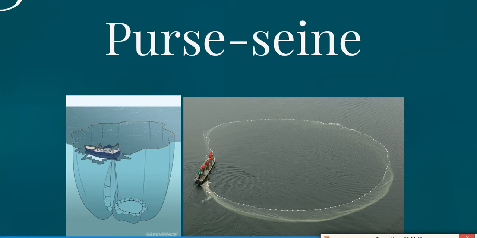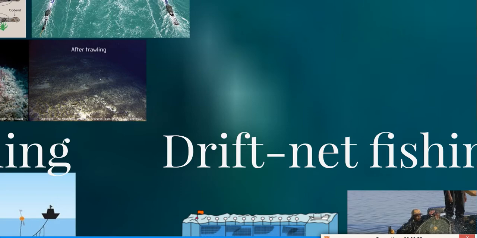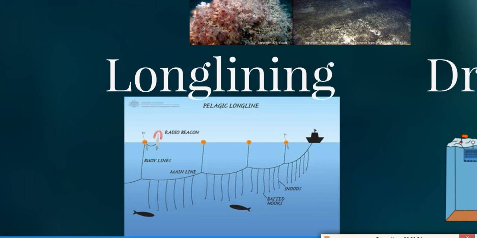Here, long lining is a really bad one. So think about a fish line, but instead of one hook, it's got a long line with sort of buoys holding it to a certain depth. And then each one of these has a fish hook on them.